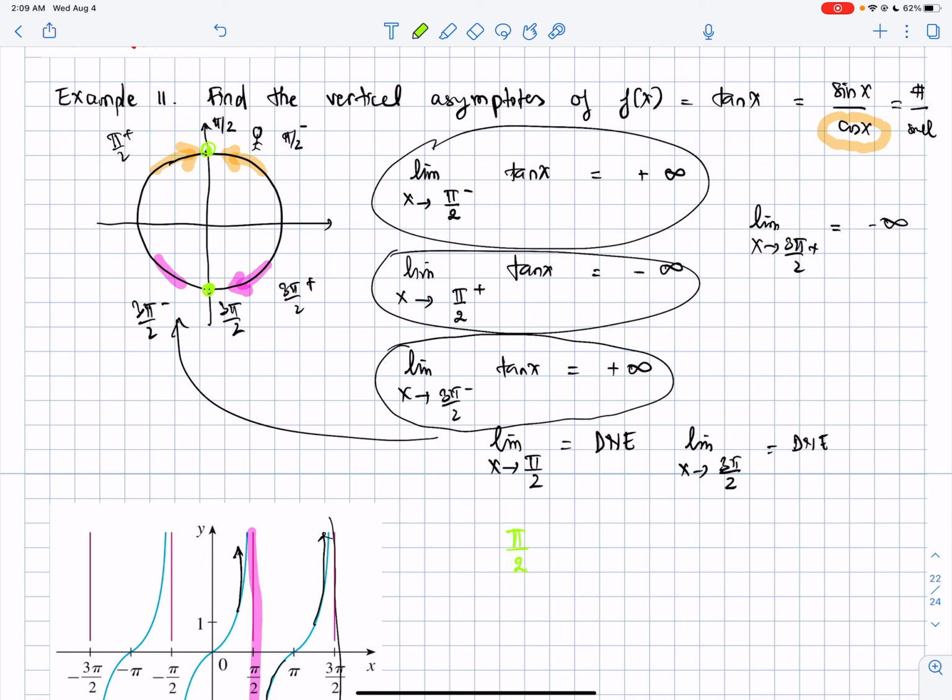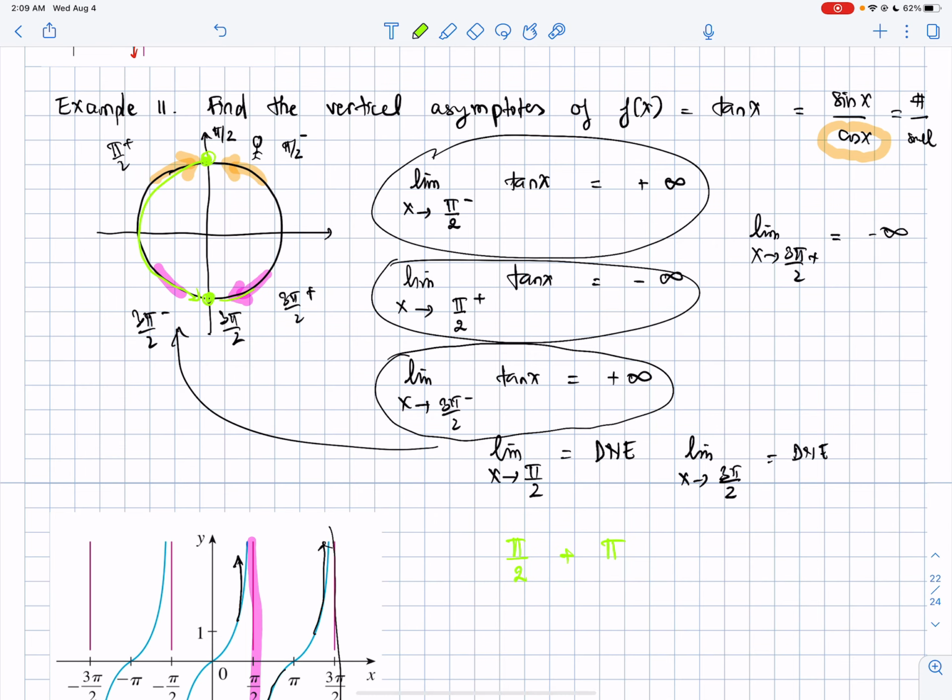So we start at pi over 2, and you hit 3 pi over 2, you go pi, right? And then from 3 pi over 2, you go back to pi over 2, which is pi length again. So it's a multiple of pi. So we say k pi. So the vertical asymptote will be x equals pi over 2 plus k pi.